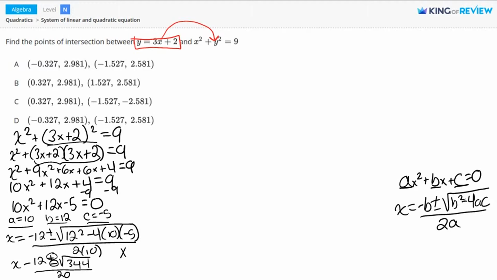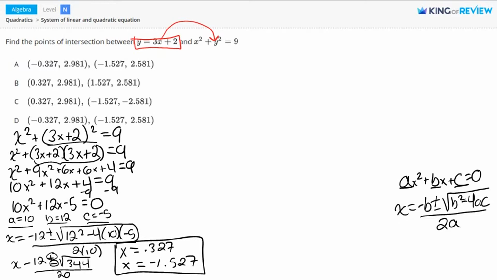When we use our calculators to work this out, we get x equals 0.327 and x equals negative 1.527. So these are the two x values that we get.